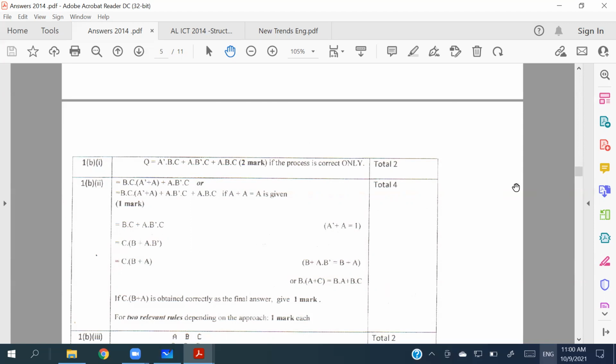What they have done is take BC out from the first two terms, so A plus A bar is going to become 1. Then they are taking C out using the distributive law, and B plus A dot B bar is going to give you B plus A using the redundancy law, right?